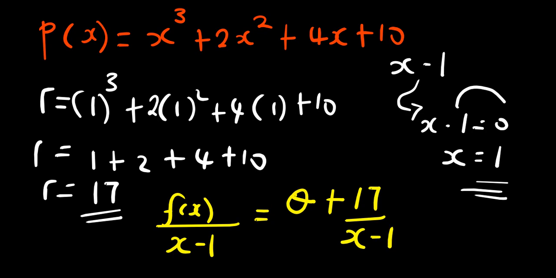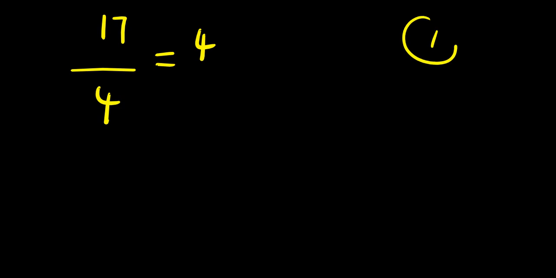What are we talking about? If you are given 17 and you divide it by, let's say, 4, it will give you 4 with a remainder of 1. So how are you going to express it in the actual form?